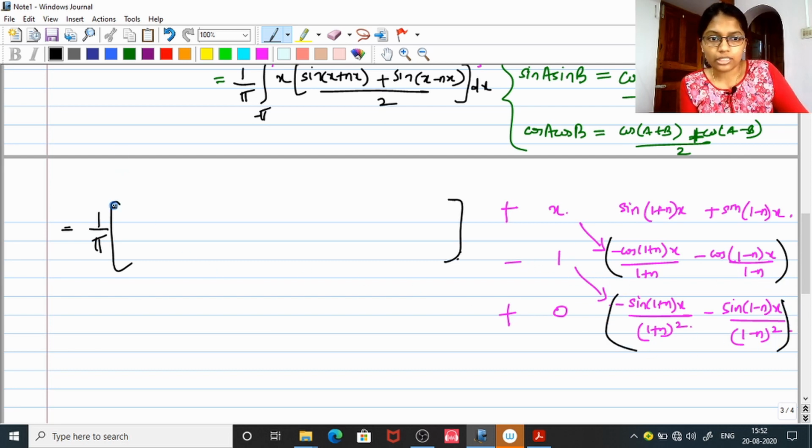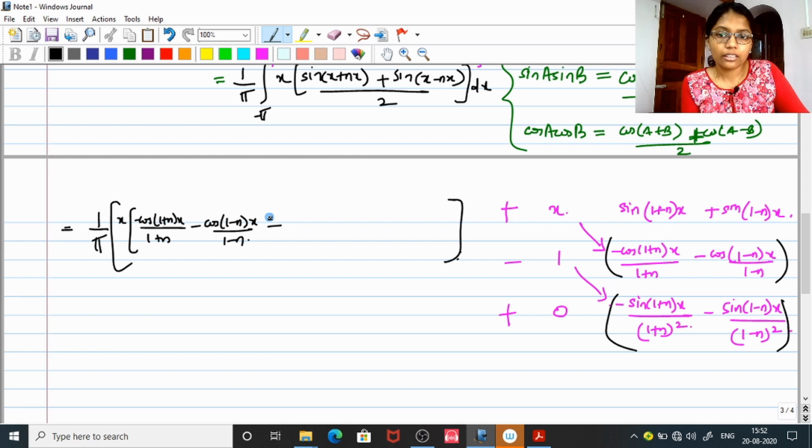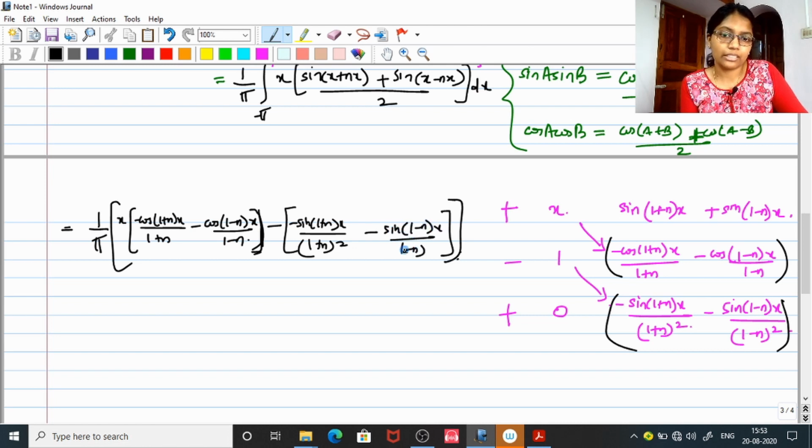So it is like x into, minus, okay, this completely is the first term, and the second term starts with negative 1 into negative sin of (1 plus n) x divided by (1 plus n) whole square minus sin of (1 minus n) x divided by (1 minus n) whole square, in the limits negative pi to pi.